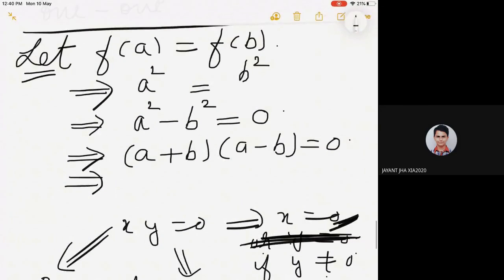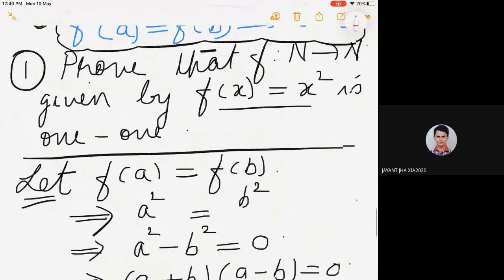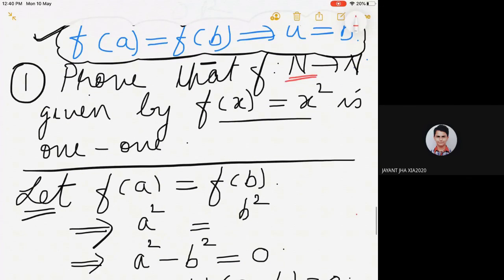So now your technique is, this is a product of two numbers equal to 0, and the second factor is always 0 if the first factor is never equal to 0. So you can see that a plus b can never be equal to 0 because a and b are coming from natural numbers.